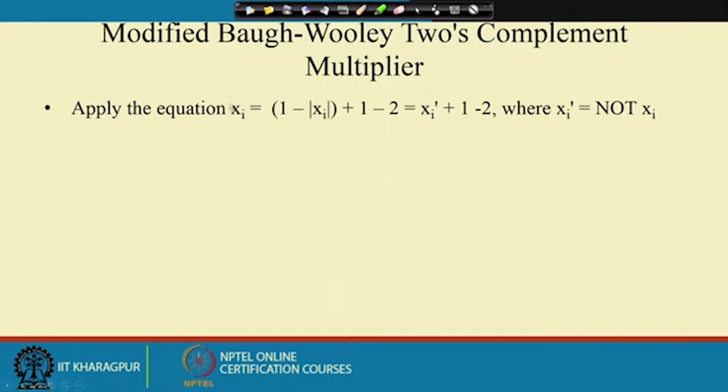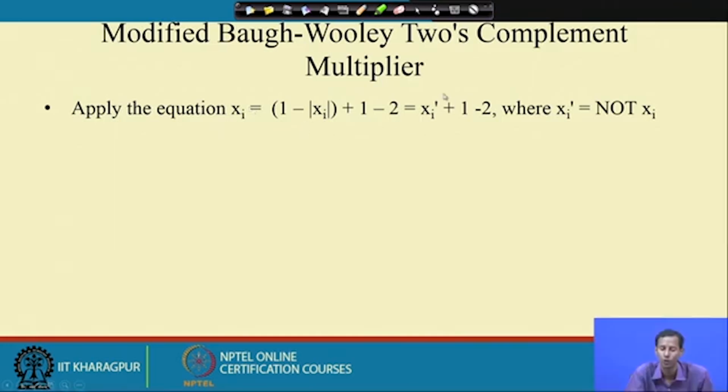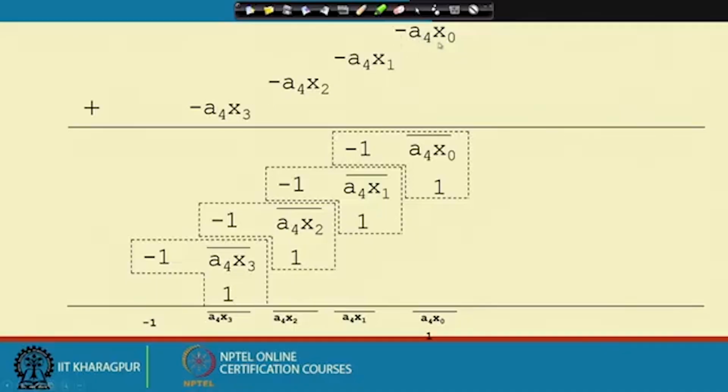This is the equation which we follow in the 2's complement multiplier. If we follow this equation for the Bernoulli multiplier, the values we get at these positions are minus a4 x0, minus a4 x1, minus a4 x2, minus a4 x3.